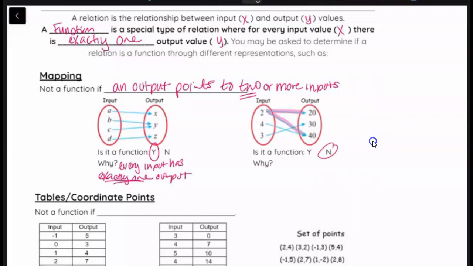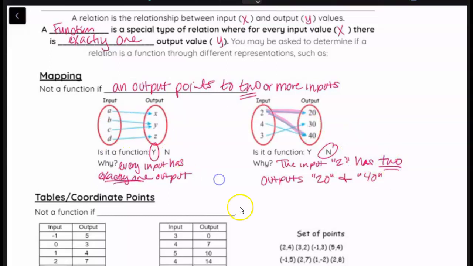Well, because the input value 2 has two outputs, the 20 and the 40, which makes it not a function.